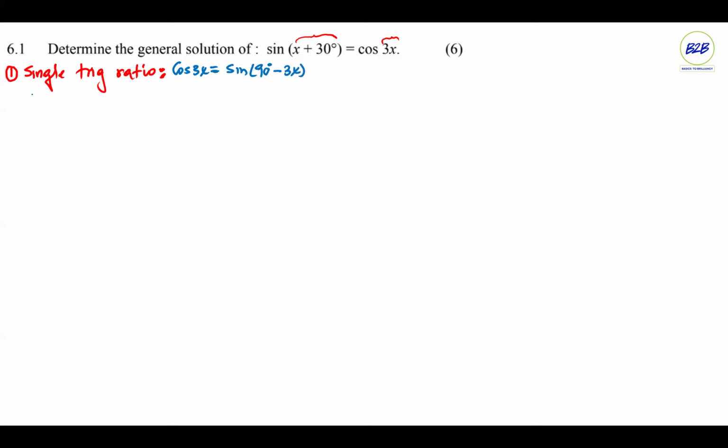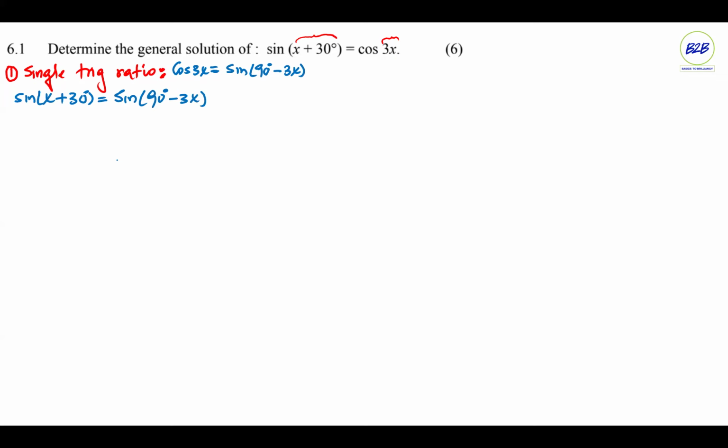Then to strive for a single trig ratio, we will say sine of x plus 30 degrees is equal to, initially it was cos 3x, but we have converted that and expressed it in terms of sine: sine of 90 degrees minus 3x. Right.